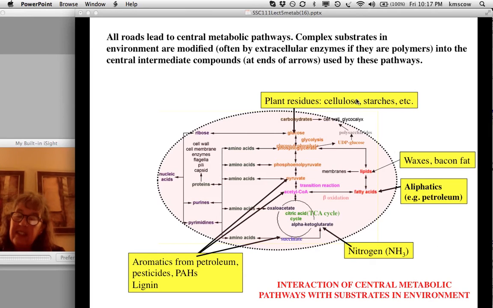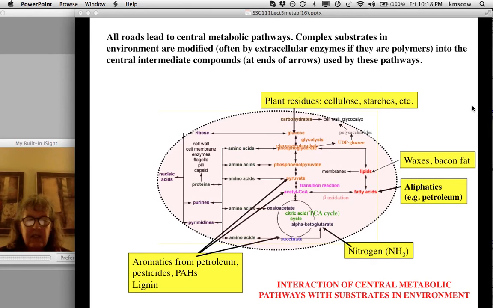Oh, I didn't tell you about the big polymers of polysaccharides that make up plant residues. Extracellular enzymes are going to break those things down, which are often repeating sugar units of different kinds, into sugars, and then those are going to go into it.